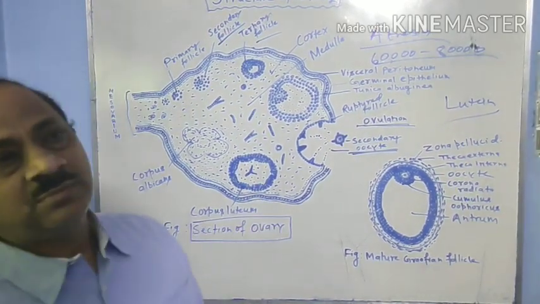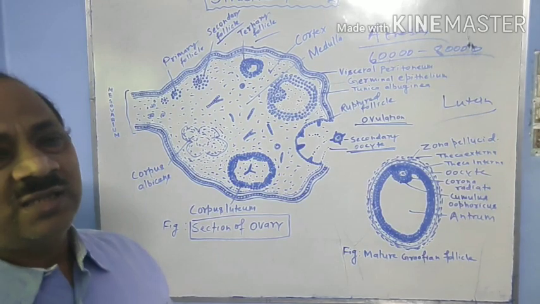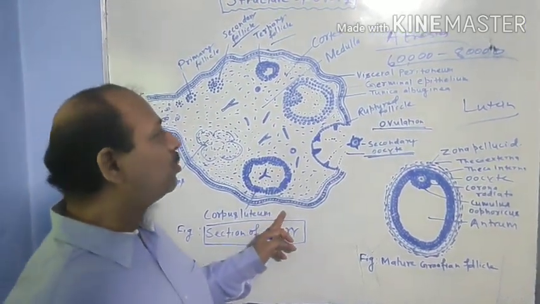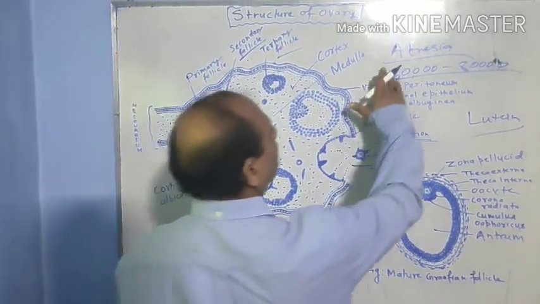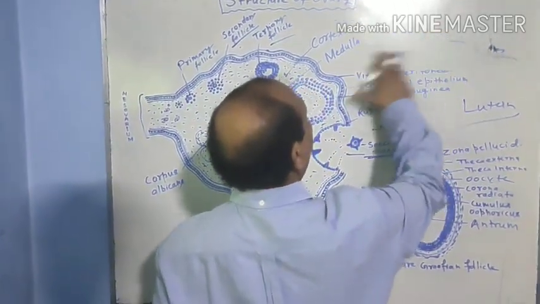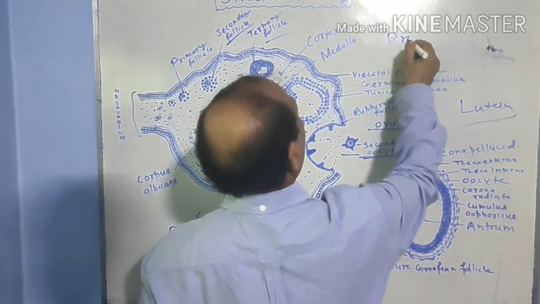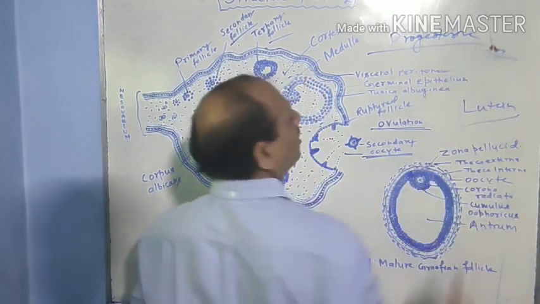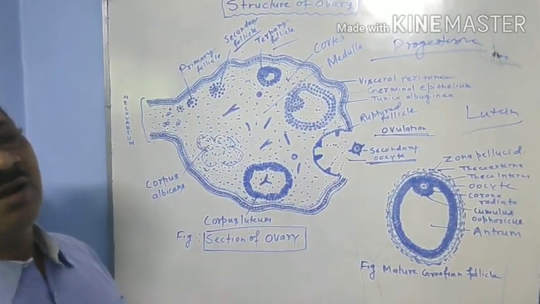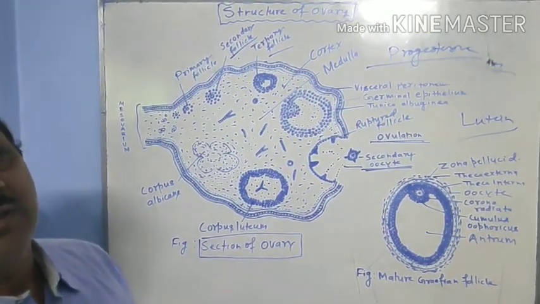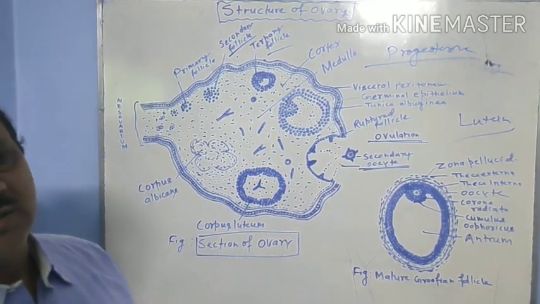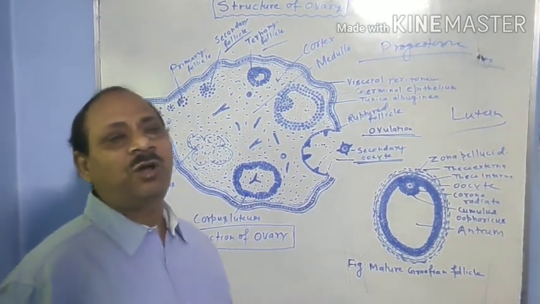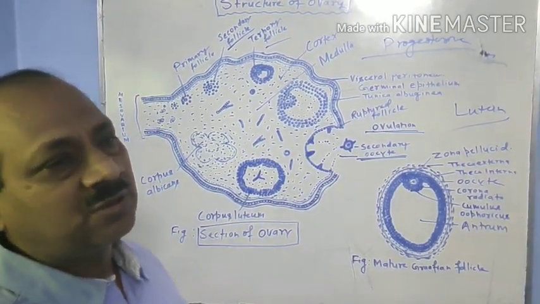Corpus luteum serves as an endocrine gland which secretes the hormone known as progesterone. Usually it secretes in large amount during pregnancy, and it maintains the pregnancy, so it is also known as hormone of pregnancy.